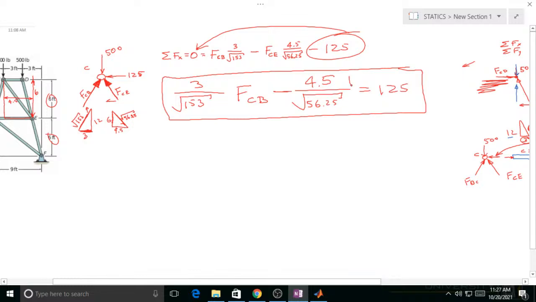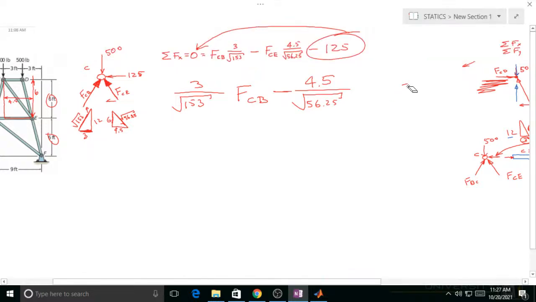I forgot my F CE. I tell you what, that's annoying. Equals 125. Okay, so there's my one equation.